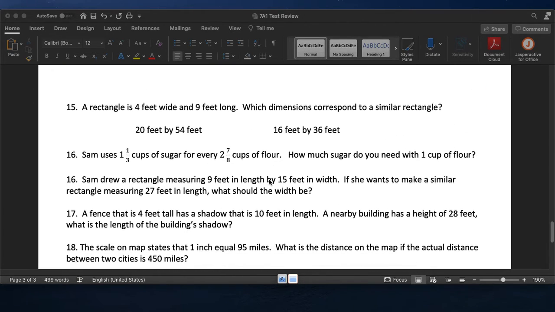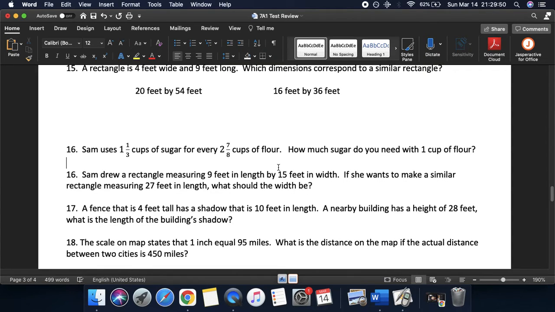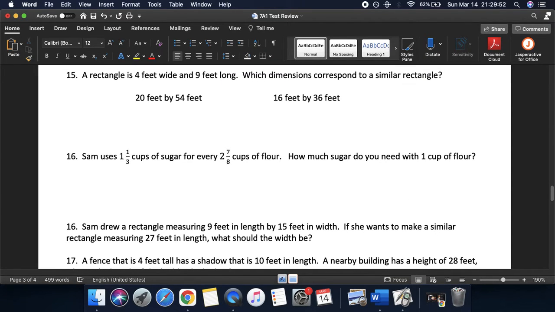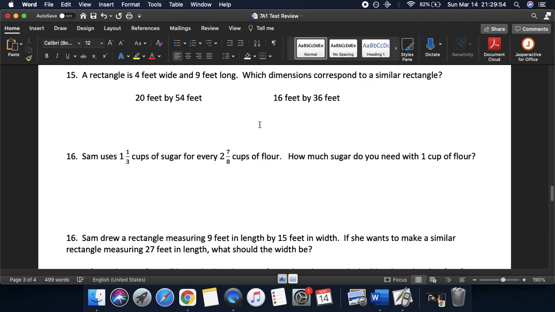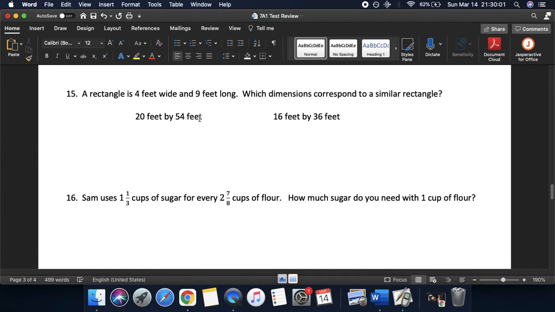So pay attention, guys. For questions like 15, please do yourselves a favor and draw it out. So think about proportions, which is our unit. Imagine we have a rectangle right here.